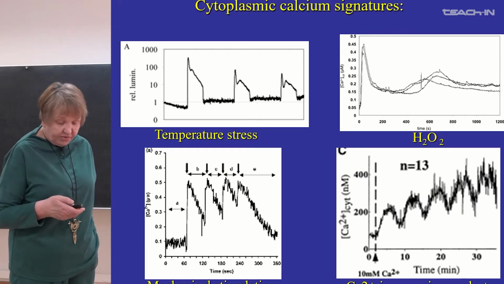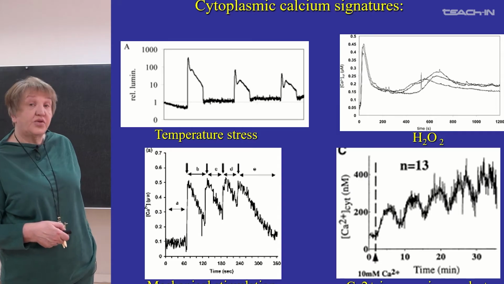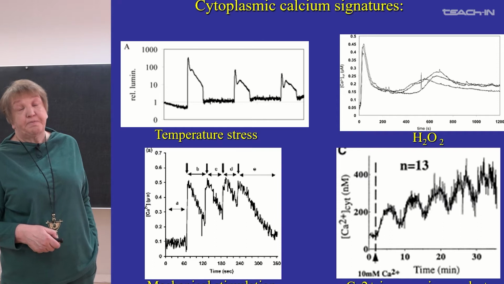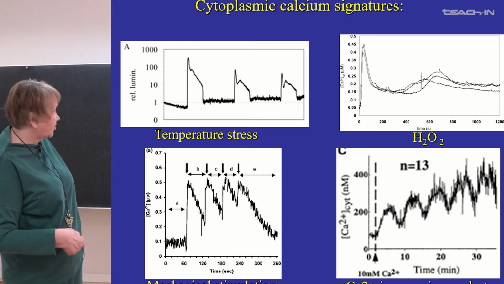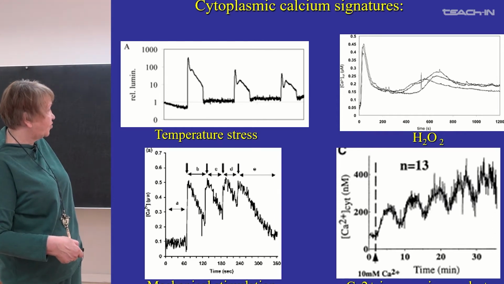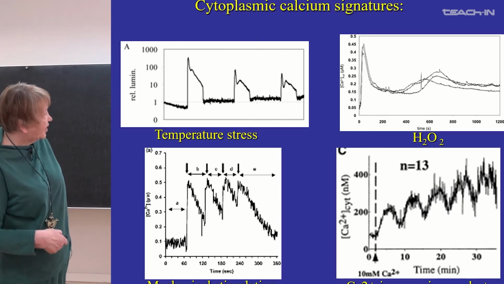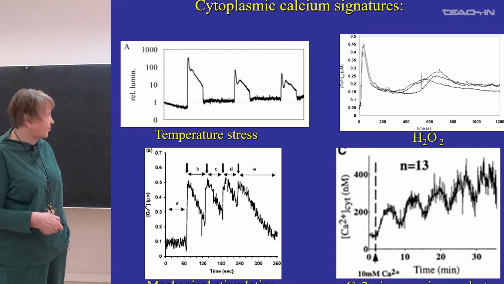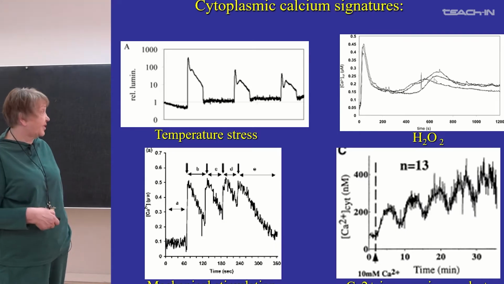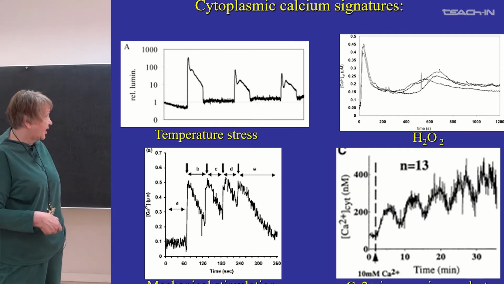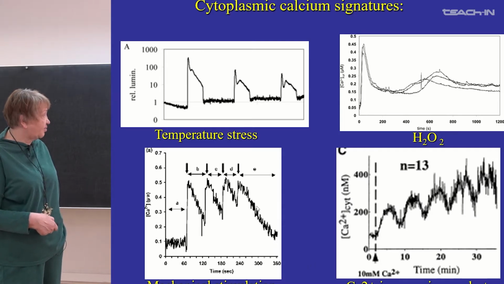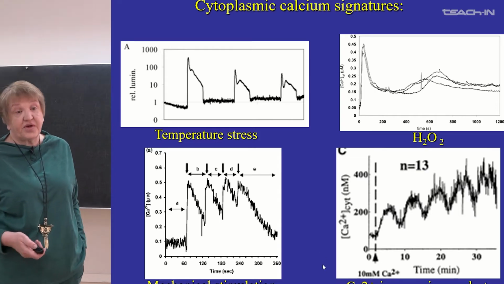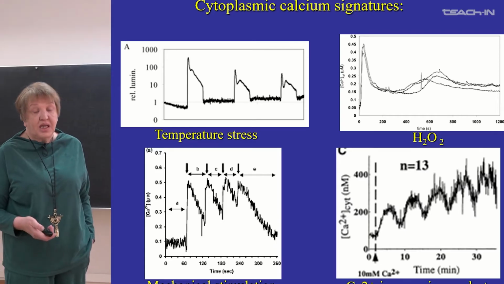So on this slide, you see changes in cytoplasmic calcium concentration in response to different stresses: temperature stress, addition of reactive oxygen species, in this case hydrogen peroxide, mechanical stimulation, repeated mechanical stimulation, or just an increase of calcium in apoplast.